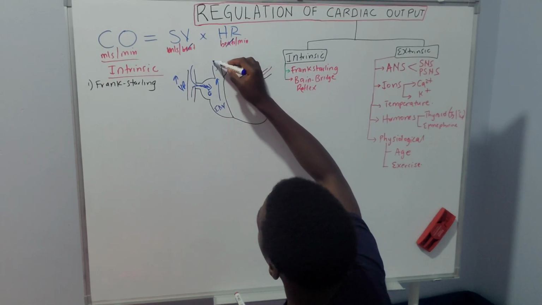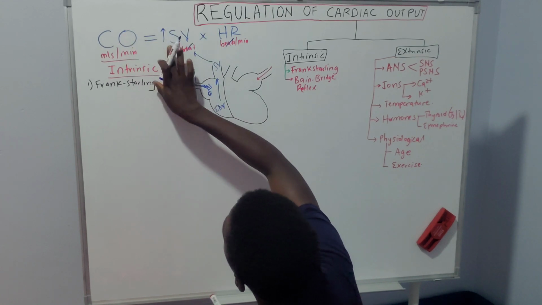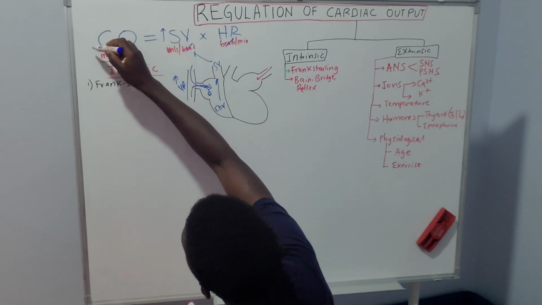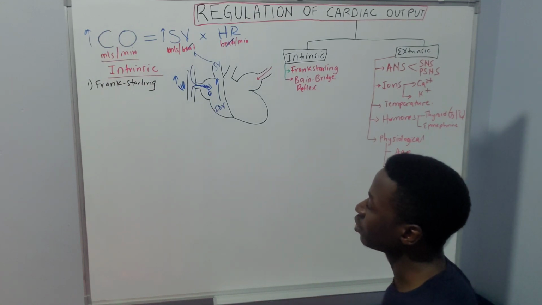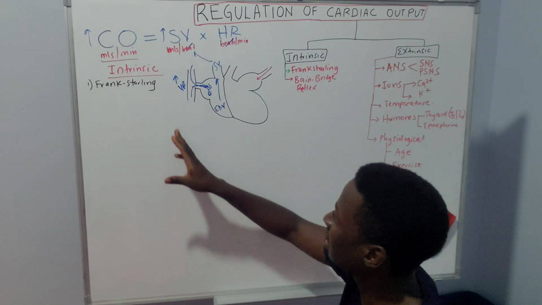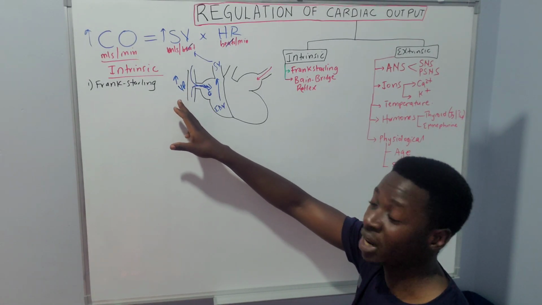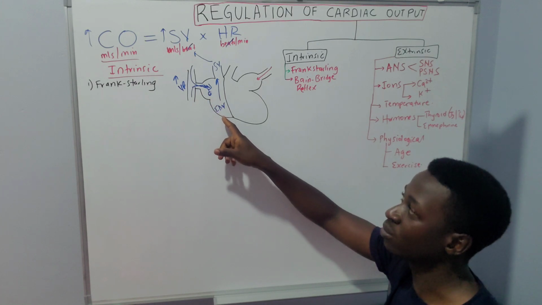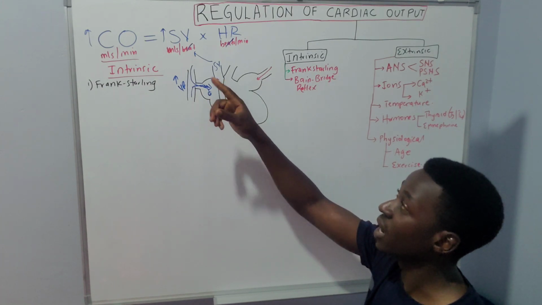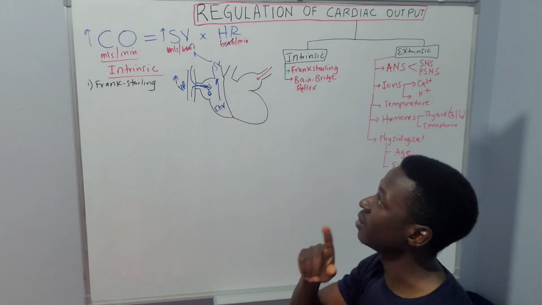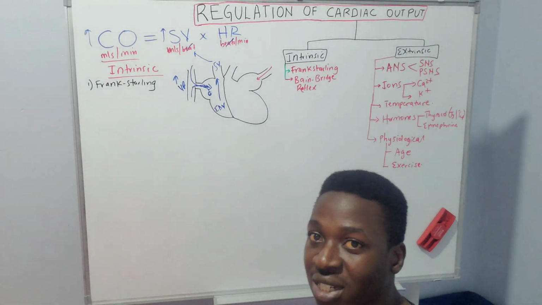And because stroke volume is directly proportional to the cardiac output, cardiac output will also increase. So this is the concept of Frank-Starling: anything that brings about an increase in the venous return will increase the end diastolic volume, increase the stroke volume, and eventually increase the cardiac output. But let's try and look at this in detail.